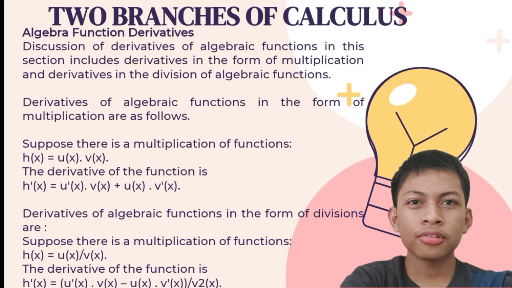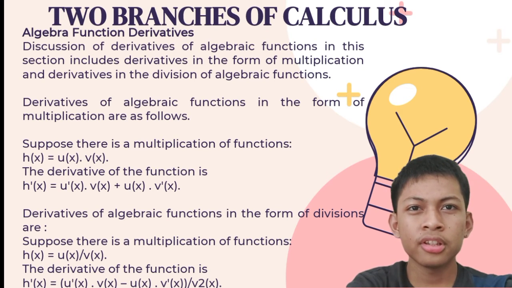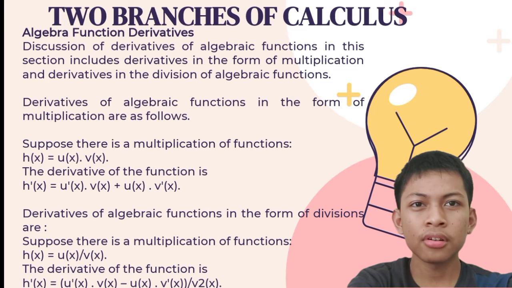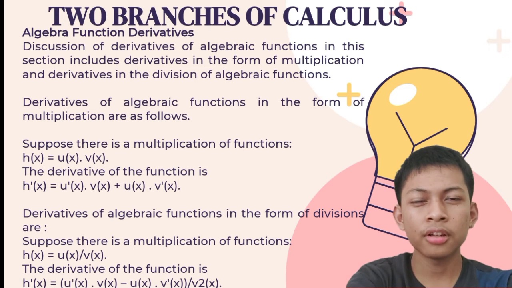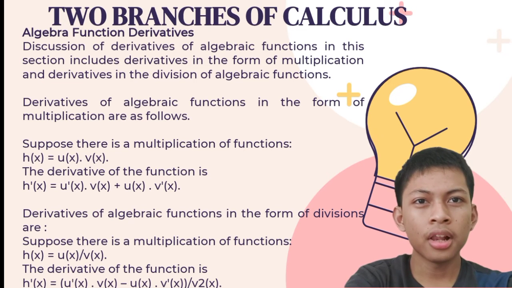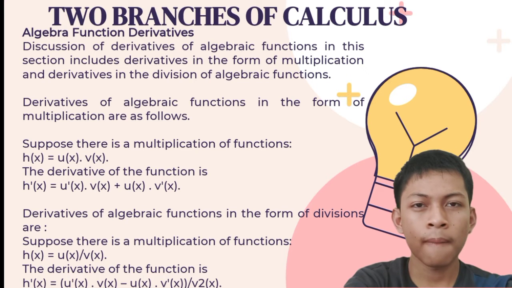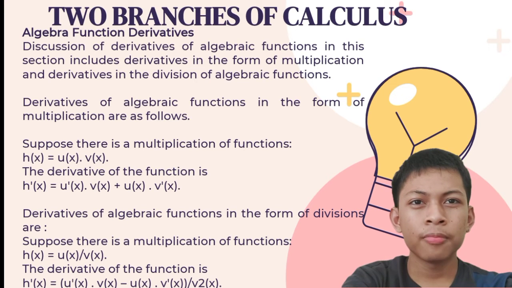Algebra function derivatives. Discussion of derivatives of algebraic functions in this section includes derivatives in the form of multiplication and derivatives in the division of algebraic functions. Derivatives of algebraic functions in the form of multiplication are as follows.